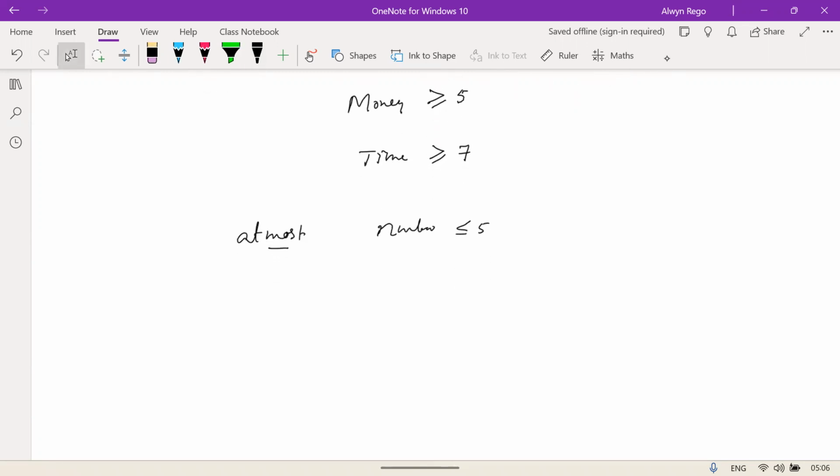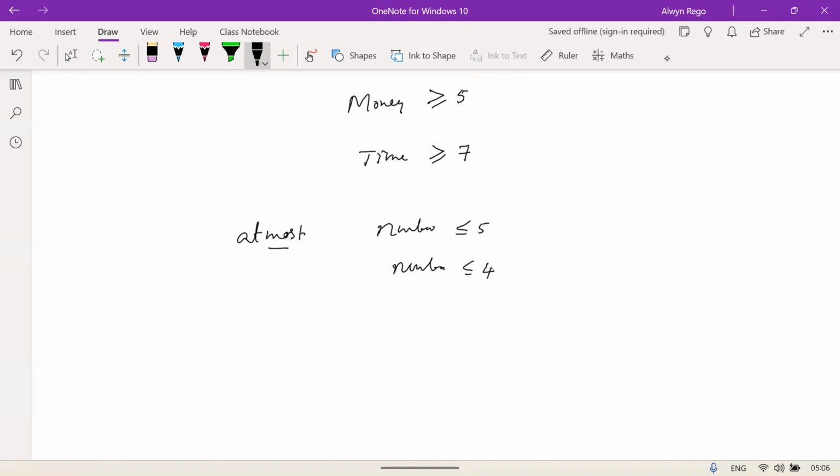At most 4 people can come in my car. I don't want to get into trouble on the road, the police will catch me. So the number of people in my car is less than or equal to 4, which means none of you may come, or one of you can come, or 2 of you, or 3 of you, or the maximum 4 of you.